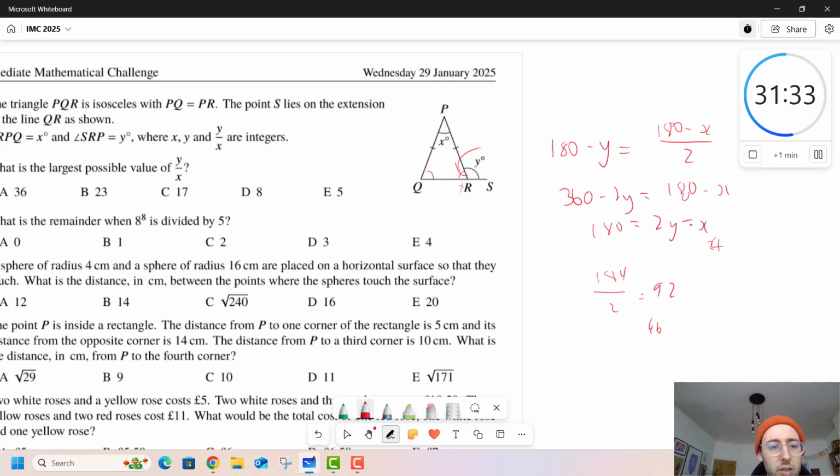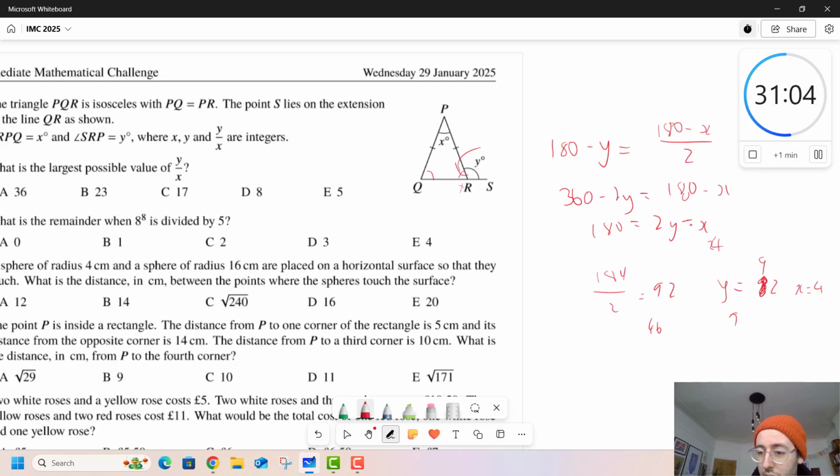Hold on a minute. If y equals 92 and x equals 4, then we've got 186. Oh no, sorry, that should be 184 divided by 2, which is 92. So yeah, 184, okay.